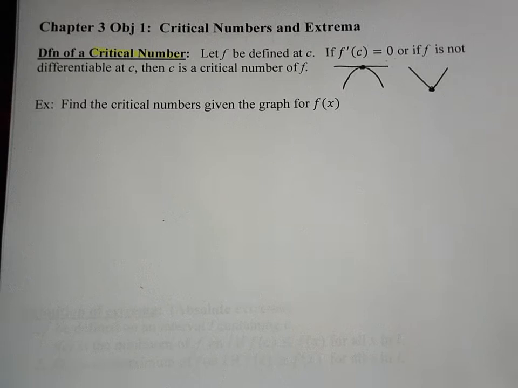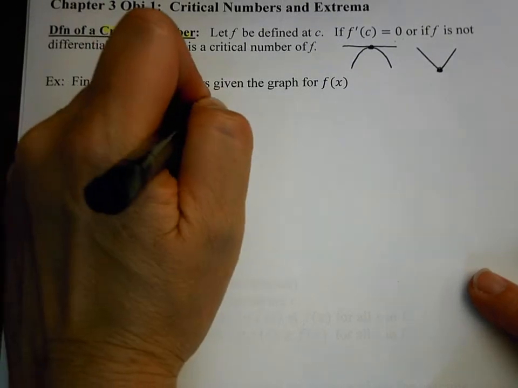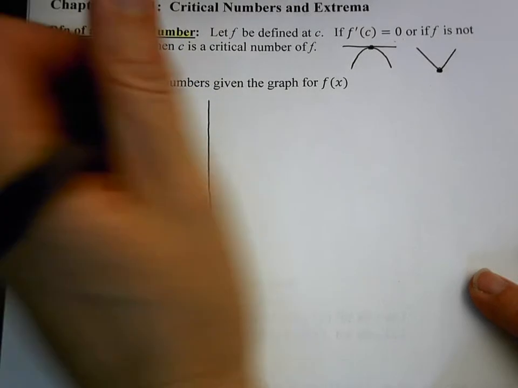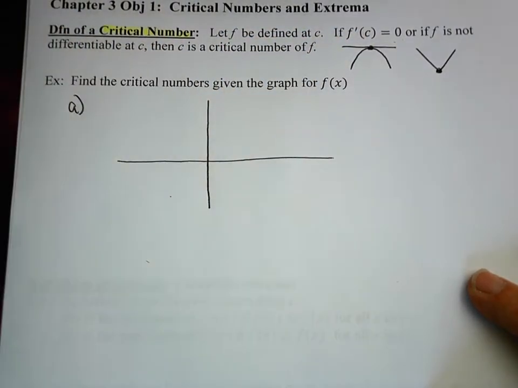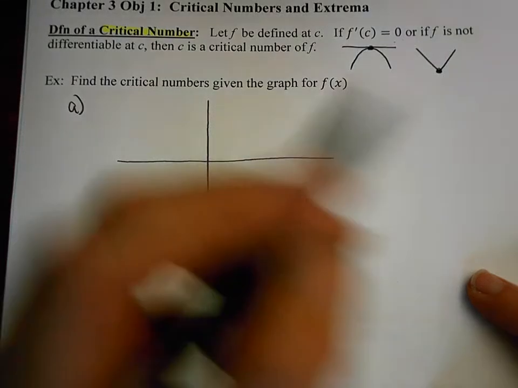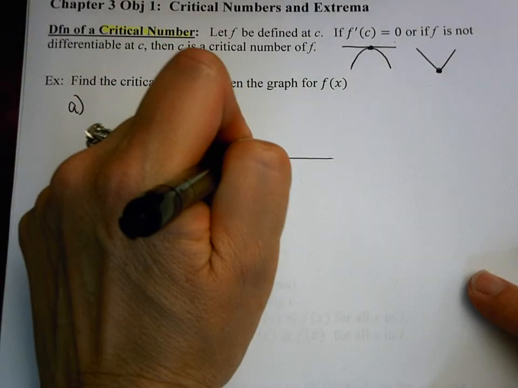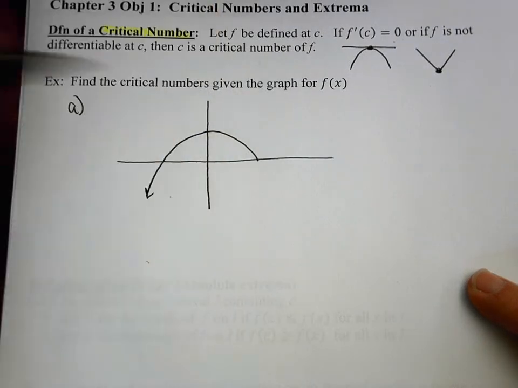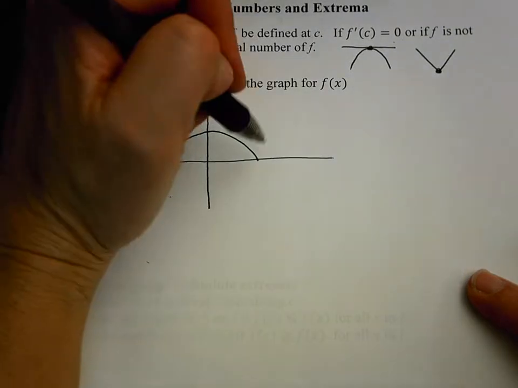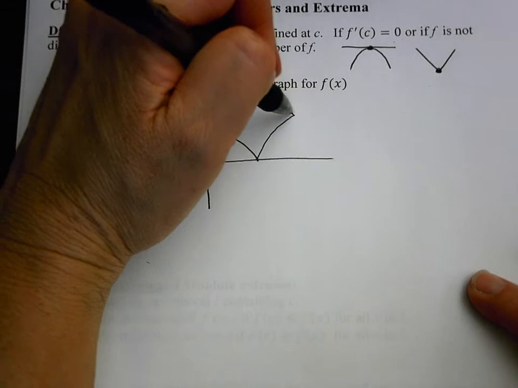All right. So find the critical numbers given the graph for f of x. Let's go ahead and do that. We're going to do two different graphs. For the first one, I'm just going to draw kind of a negative parabola, and then have this shoot off to the left a little.